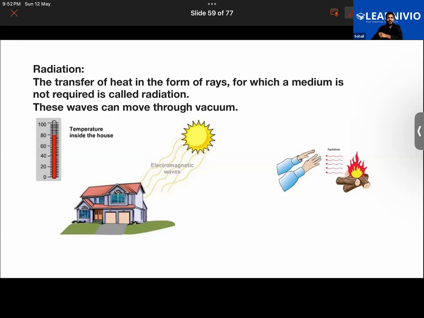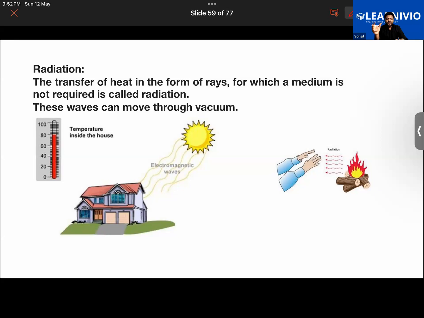So see, like one feels warm when you are standing in the sunlight. The heat from the sun cannot reach the earth directly by means of conduction or convection, because conduction and convection require a medium, while vacuum is the only medium in the majority of the region of space between earth and sun.